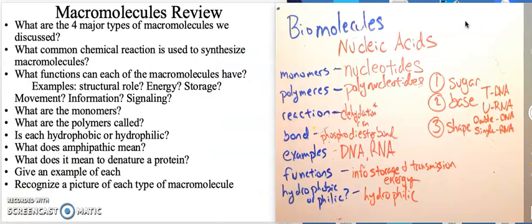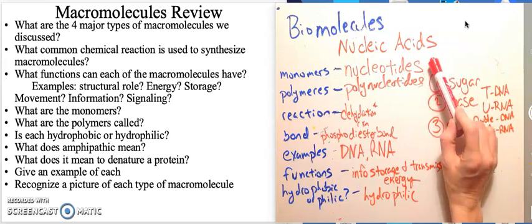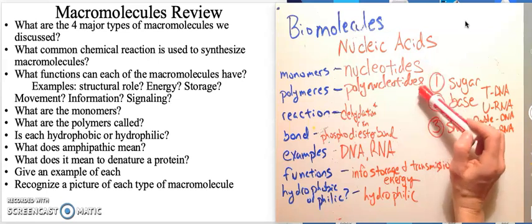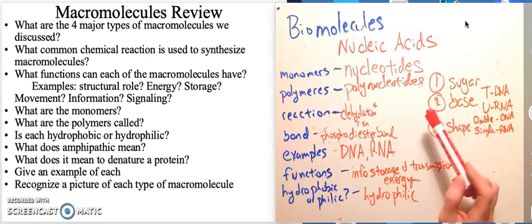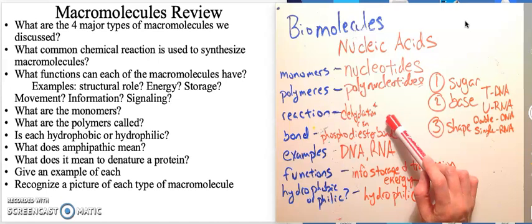Making sure we have all the information in our study guide for nucleic acids. The monomers of nucleic acids are called nucleotides. The polymers are called polynucleotides. The nucleotides can be described as joined together through a dehydration reaction, although I have caveats about that.